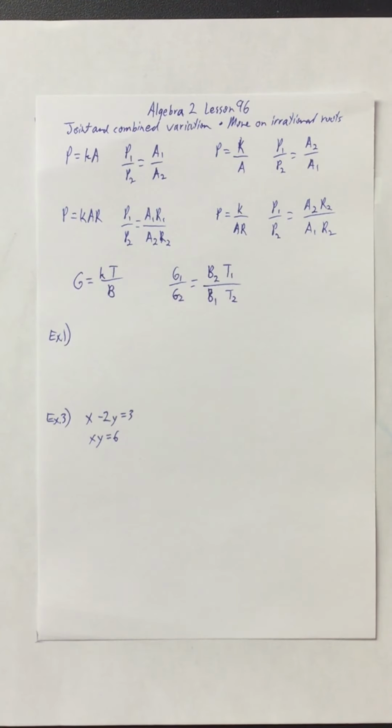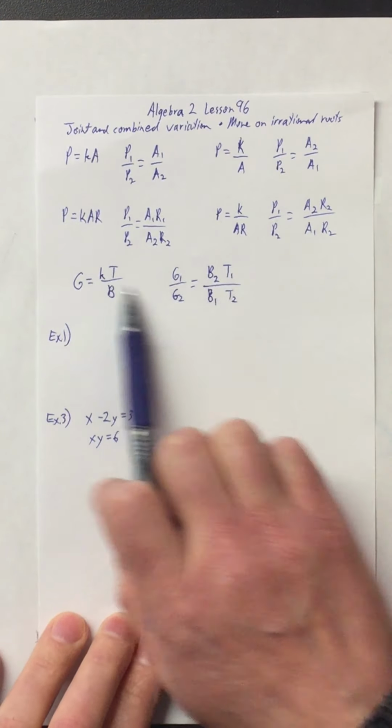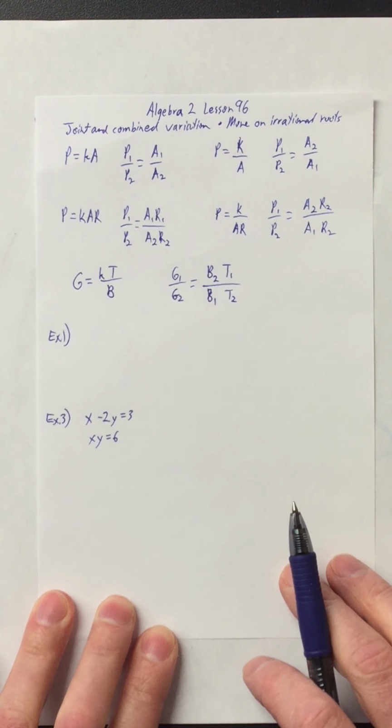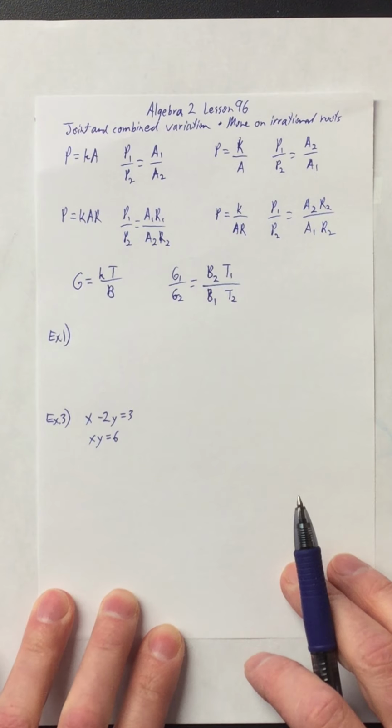So let's work through example number 1, and let's see how we do this. All right, we got the number of girls varies inversely as the number of boys and directly as the number of teachers. So we're going to be using these equations here, and we'll plug in some numbers. So it says when there were 50 girls, there were 20 teachers and 10 boys.